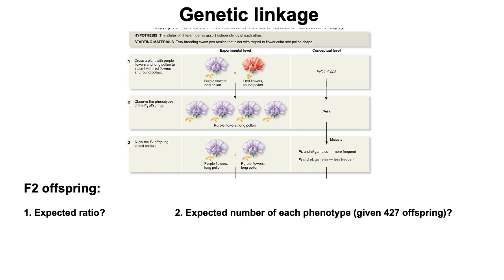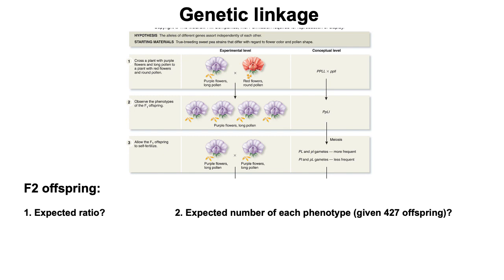All right, so now let's take our F1s, like we've done many, many times before, and self-fertilize those heterozygous F1s to get the F2s. Given everything we've been talking about so far, we've got two true breeding parents, and there's no epistasis going on here.